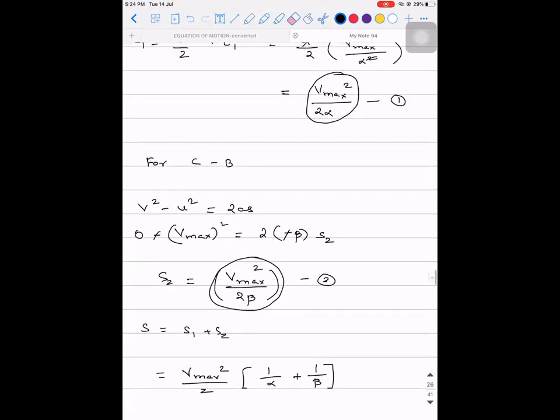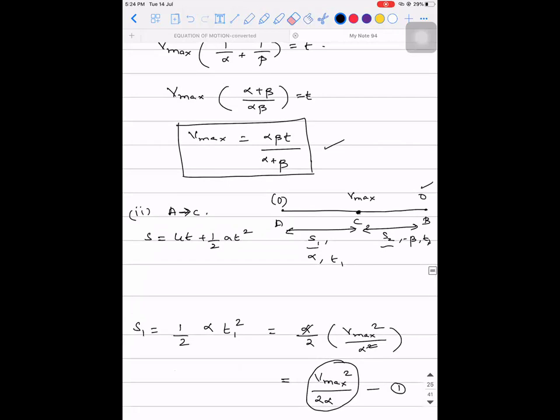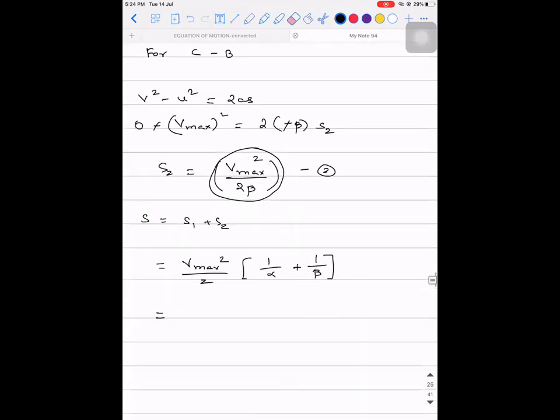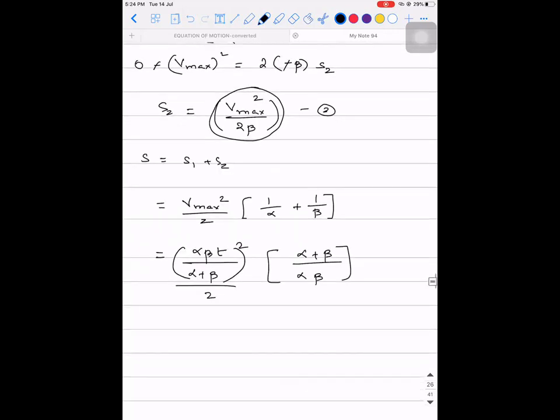So this will be V max square divided by 2 into 1 by alpha plus 1 by beta. In the place of V max, what can I substitute? Alpha beta into T divided by alpha plus beta. Can I substitute it? So alpha beta into T divided by alpha plus beta, the whole square, divided by 2 into, if I take LCM, I get alpha plus beta divided by alpha beta. Clear with this? So this will be alpha square beta square T square divided by alpha plus beta the whole square into alpha plus beta divided by alpha beta.